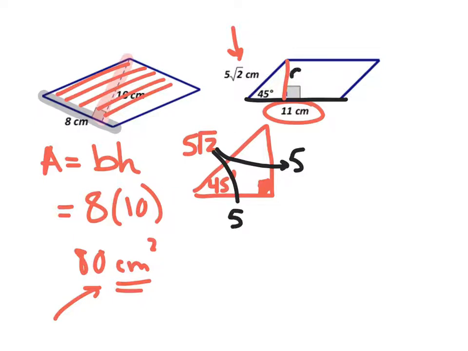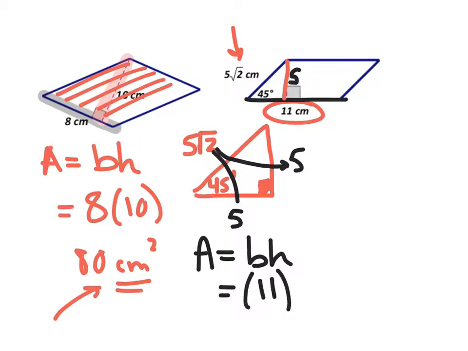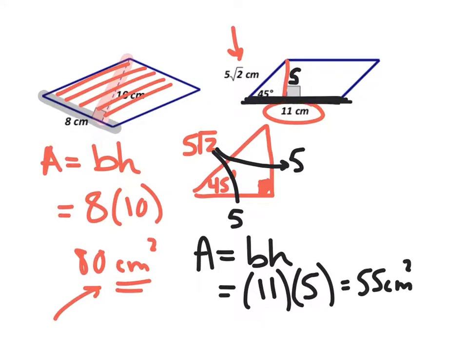So actually, we find that height to be 5. And I'm ready to go because the area equals base times the height. The base is 11. The height we found is 5. And so this is 55 centimeters squared. Base times the height, and we get the area of the complete region there.